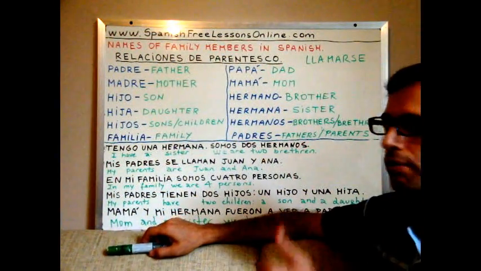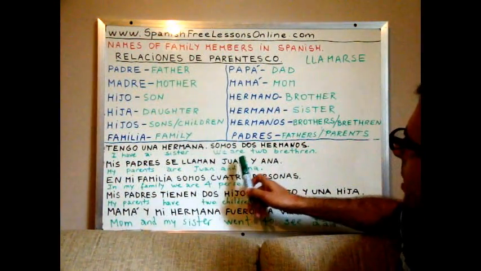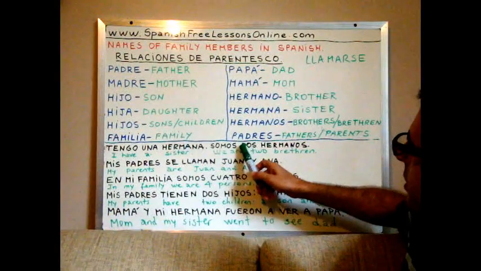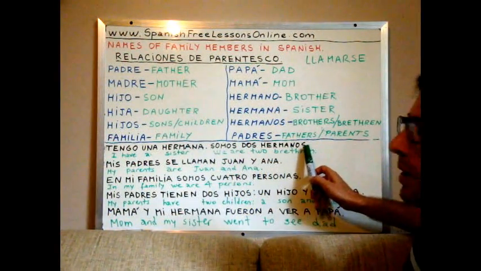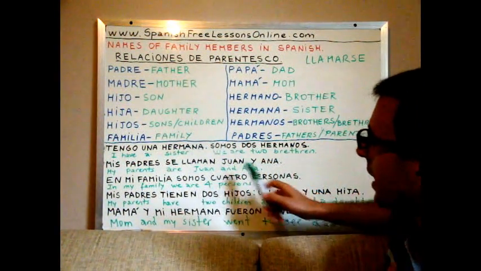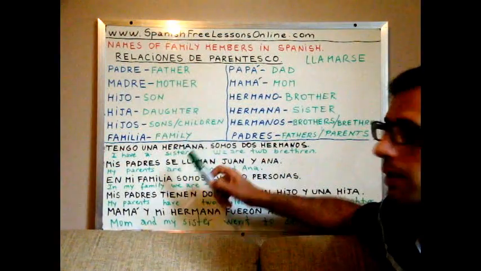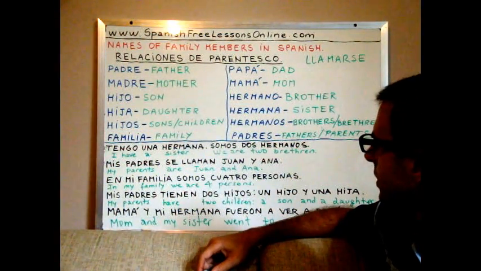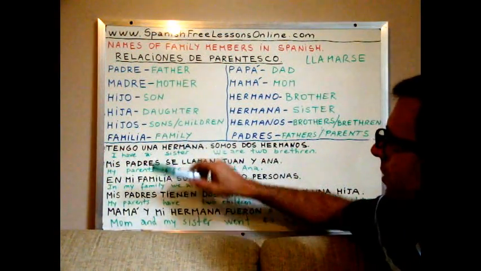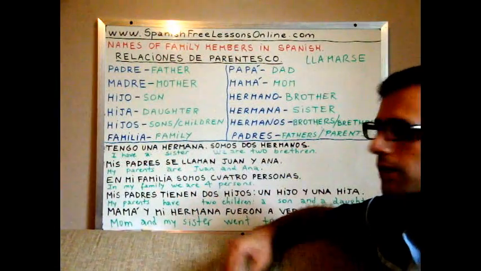That would be my father, my mother, and 2 brethren. That would be me and my sister, hermana, right? So all this is actually related.